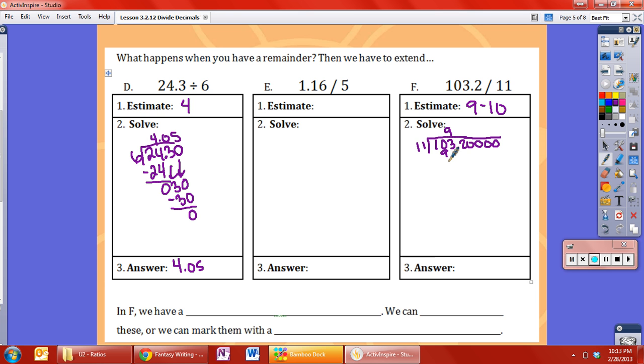So that's 9, 42, 9, 8, 1. We get 11 with 9 left over, 8, we get 88 with 2 left over, bring down the 0, we get 20, and that would be another 1, and 1 times 11 is 11, 20 minus 11 is 9, so we get this repeating pattern where it's 90 minus 88 is 2, 20 minus 11 is 9, 90 minus 88 is 2.